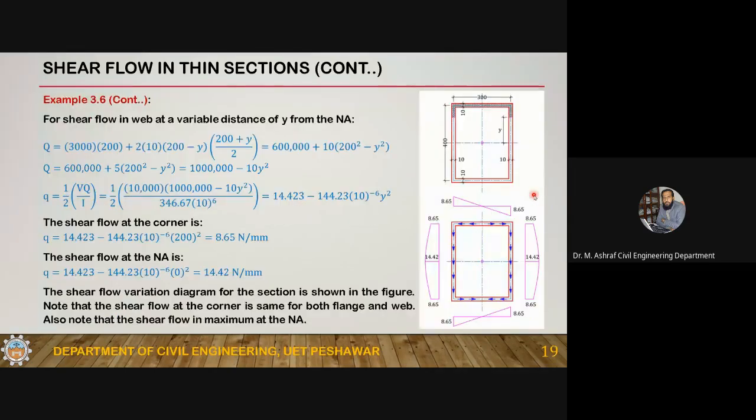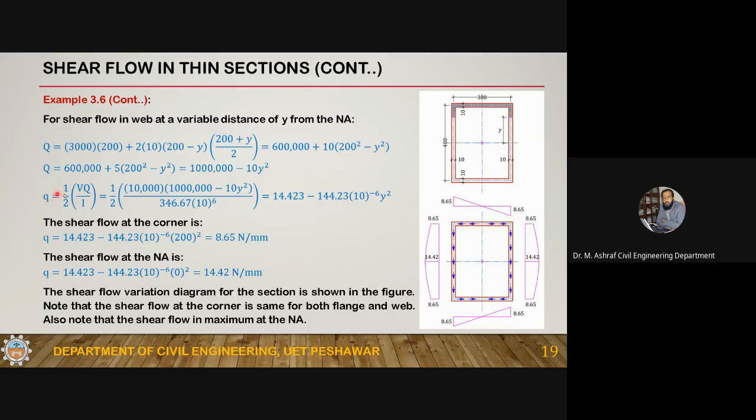Okay, now for shear flow in the web, if you are taking a section here, then you will have to take a symmetrical section here. Then you will have to calculate the first moment of area of this portion. So for shear flow in the web at a variable distance y from the neutral axis, Q is equal to this one for this portion, plus 2 into 10 into (200 minus y) into (200 plus y) by 2. So you will get finally 1000 minus 10 y square.